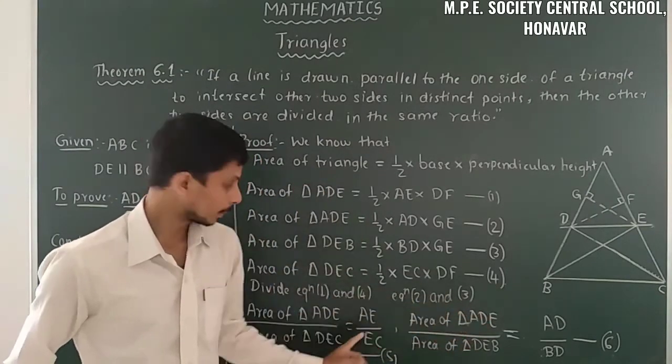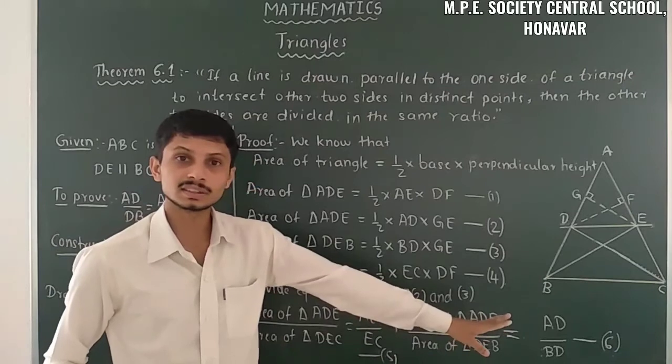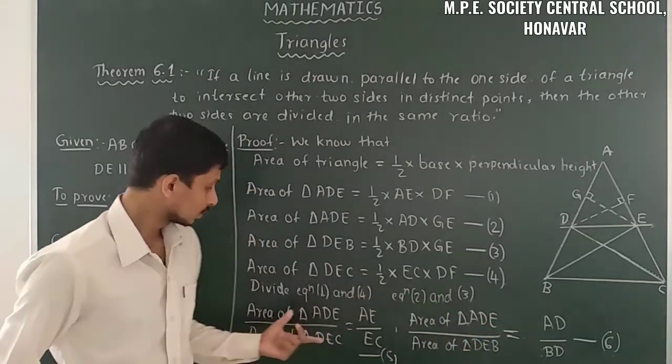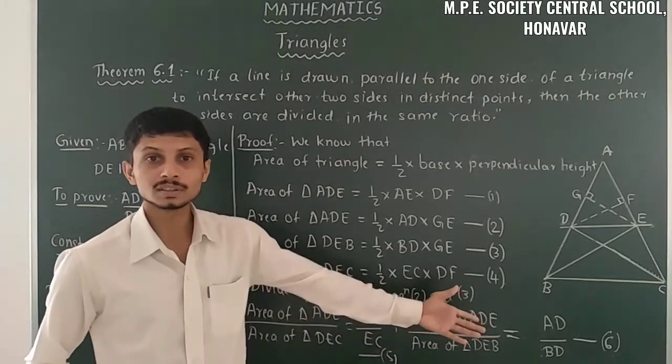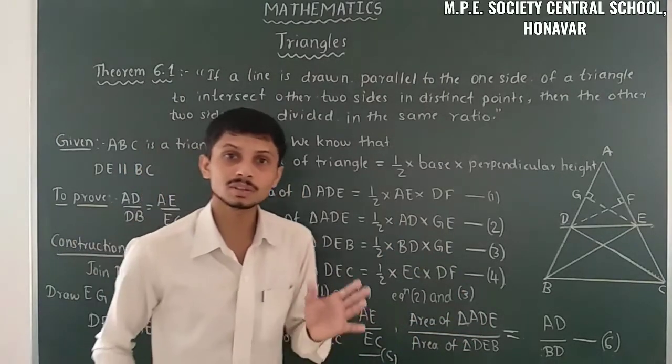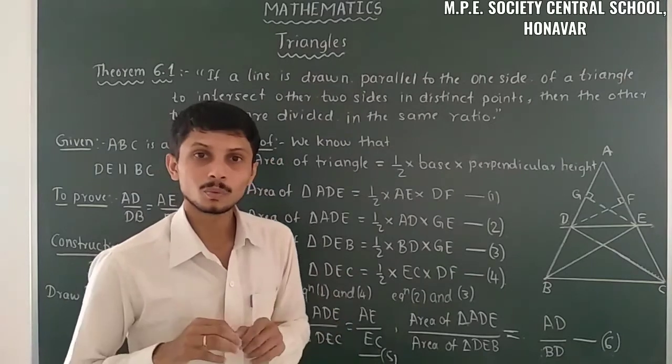So both equation 5 and equation 6 are one and the same. The LHS is the same, so the RHS is also the same, that means things which are equal to the same thing are equal to one another.